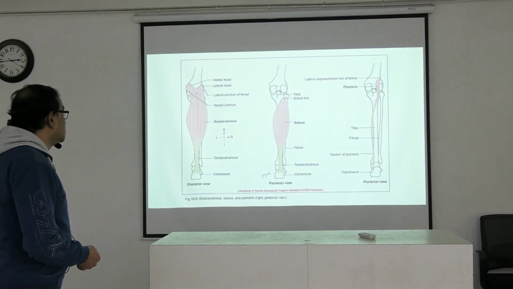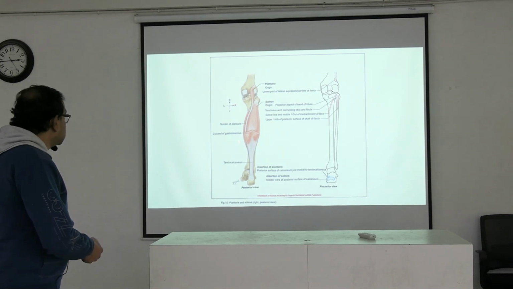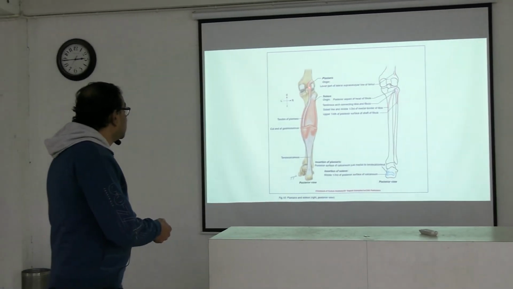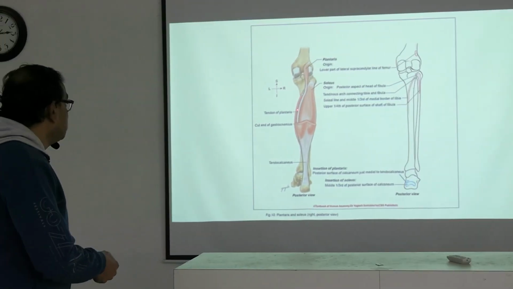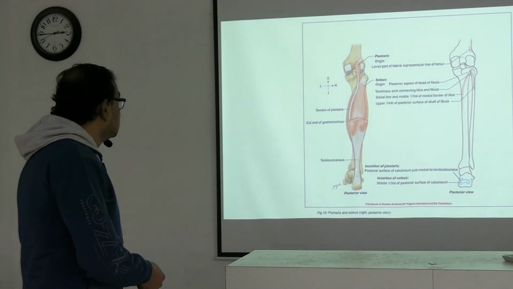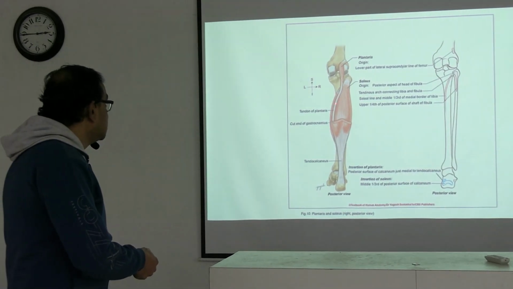The soleus, the same thing. The soleus muscle you can see, the superficial one is the gastrocnemius, below it we are getting the soleus. And also we can see the origin of the plantaris from the lateral side and it is going to the medial side of the tendocalcaneus. From the lateral side it is moving.